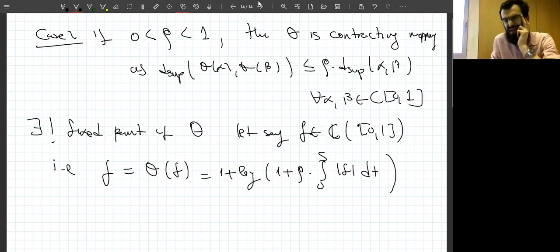But note that here f is a non-negative function, which implies this guy is greater than or equal to 0.